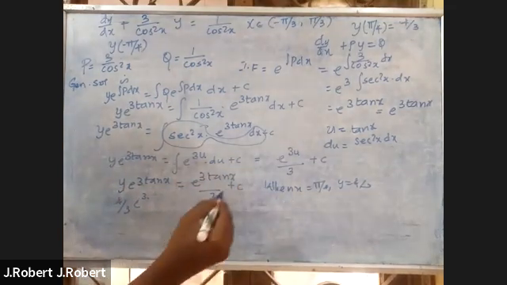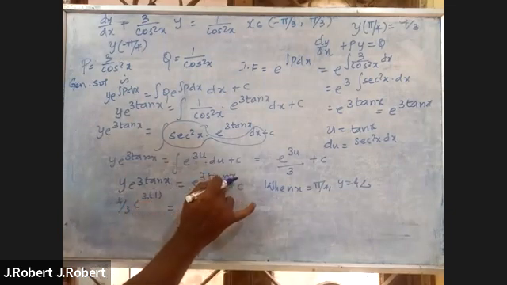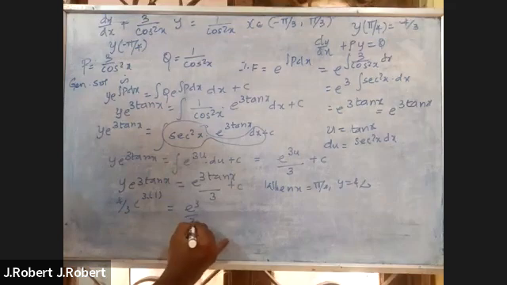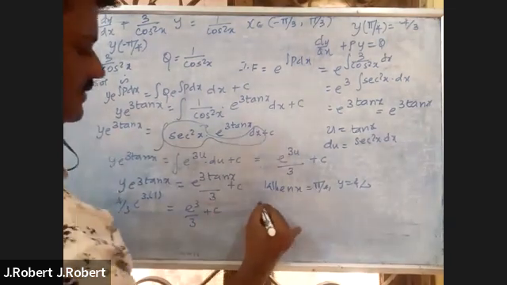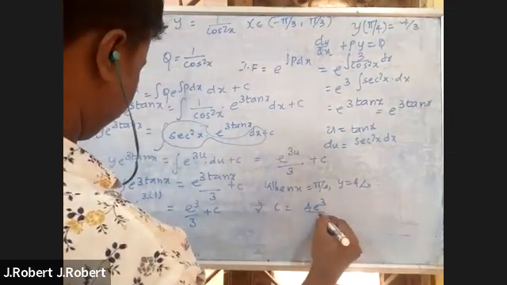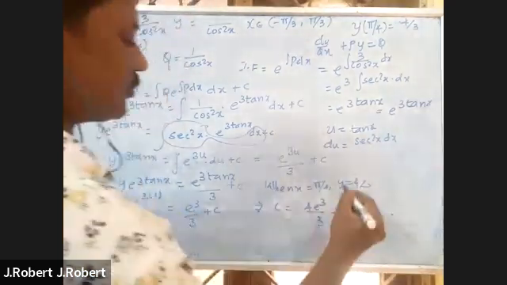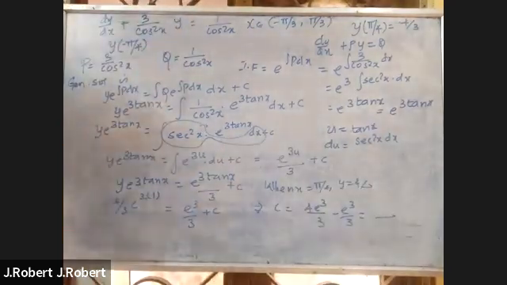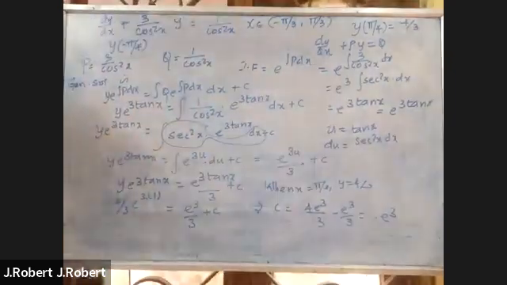Tan pi by 4 is 1, so 4 by 3 e power 3 equals e power 3 by 3 plus c. Bring this side, we get c equals 4 e power 3 divided by 3 minus e power 3 by 3, which is 3 e power 3 by 3. Simply I can write this as e power 3. We have found that the value of c is e power 3.